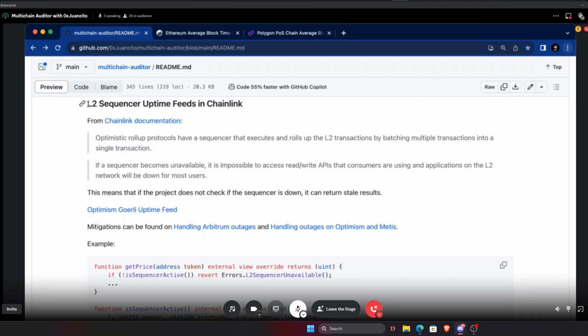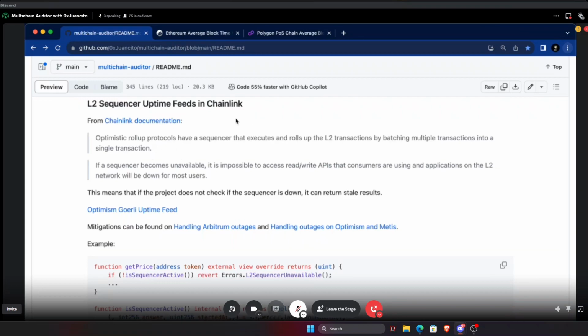You know that in layer 2s, there are usually sequencers that put all the transactions. And if they are not up, the transactions may not happen. And if that doesn't happen in Chainlink, the price feeds may get old and you may have old results. And if you are a lending protocol or a DeFi protocol, you might want to have results of prices very precise and they don't get stale.